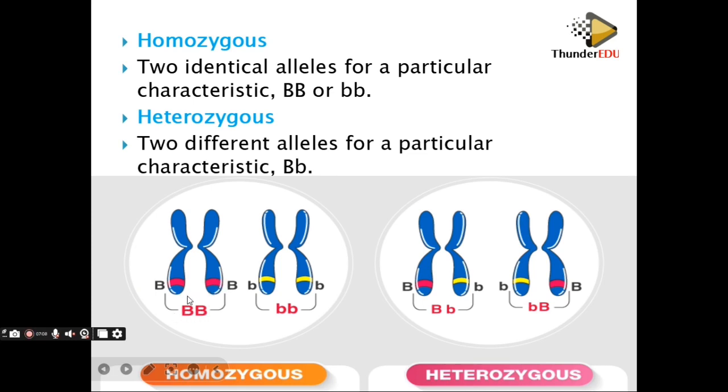Alternative forms of the gene, alleles. Here you can see in this one you have a dominant allele and a dominant allele, becoming homozygous dominant. Here you have a recessive allele and a recessive allele, becoming homozygous recessive. They are all homozygous. Then here we are talking about heterozygous: a dominant allele and a recessive allele. Then this is the homozygous condition.